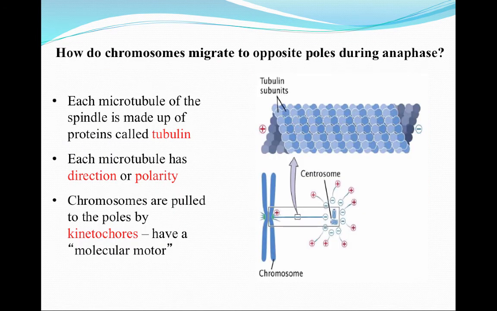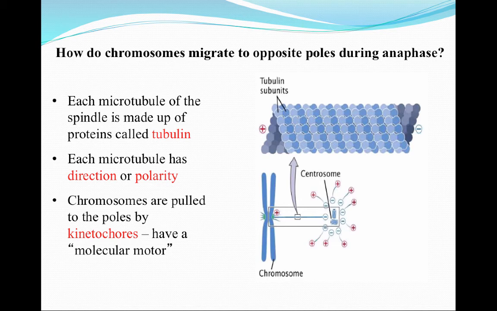All right, so that whole process of the sister chromatids splitting away from each other and migrating towards the poles is actually a really interesting concept. So each sister chromatid is going to be attached to a spindle fiber. And that spindle fiber is going to be made up of microtubules.